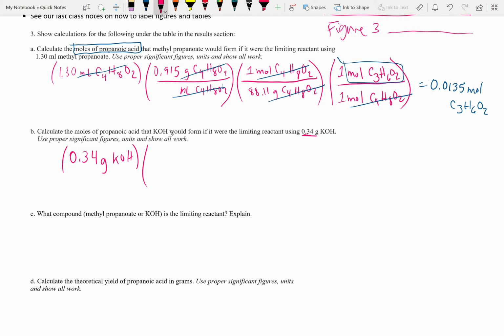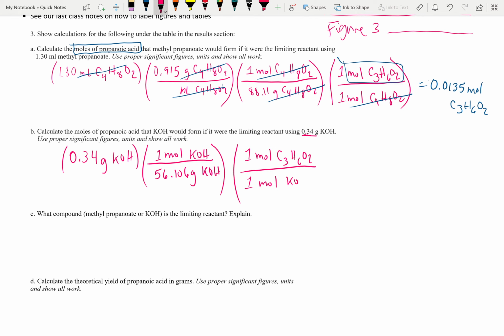multiplied by the molecular weight of KOH, which is 1 mole KOH divided by 56.106 grams of KOH. And then we will multiply that by the moles. It's again a 1-to-1 ratio. So we have 1 mole of propanoic acid, which is C3H6O2, created by using 1 mole of KOH.